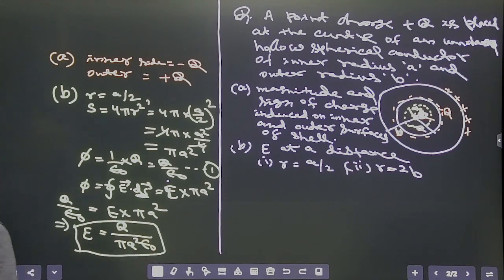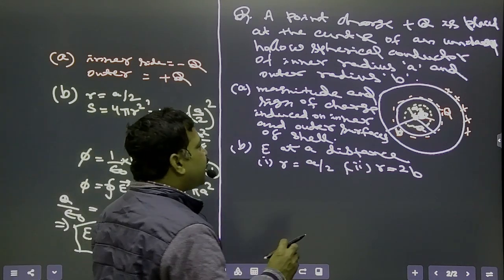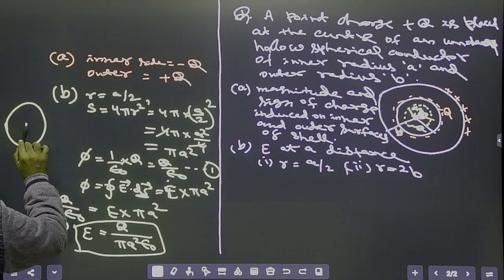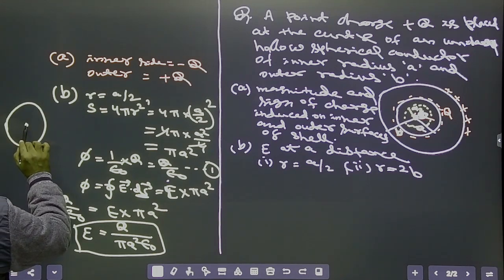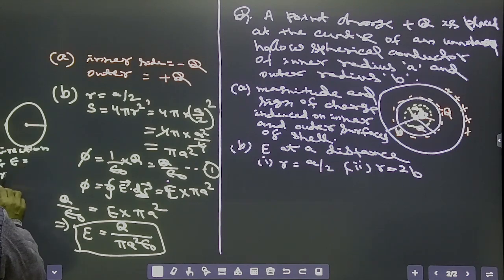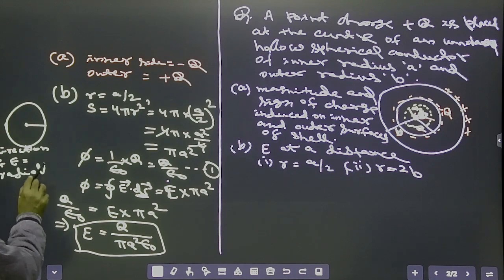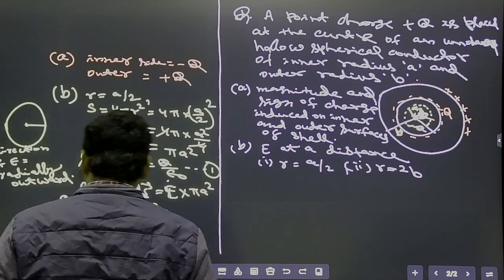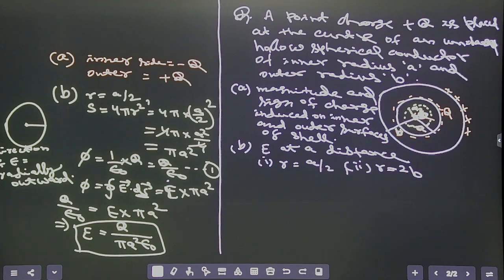And you always know that the electric field intensity for a given spherical shell is directed away from the center, that is radially outward. So we can say that the direction of the electric field will be radially outward. This is the way we can find the first part.